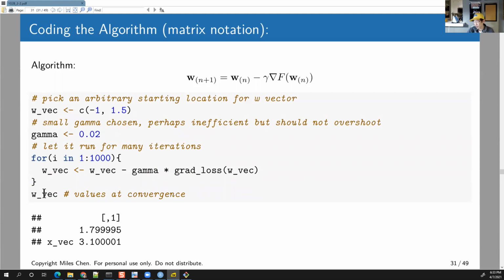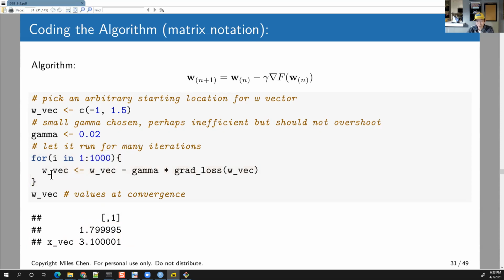And so we see, by running gradient descent for 1,000 iterations, we get something quite close to the true answer. I could run this even longer and we'd probably get even closer, but this is getting us something very close to the optimal solution. As far as just running the algorithm, this is the entire algorithm right here.